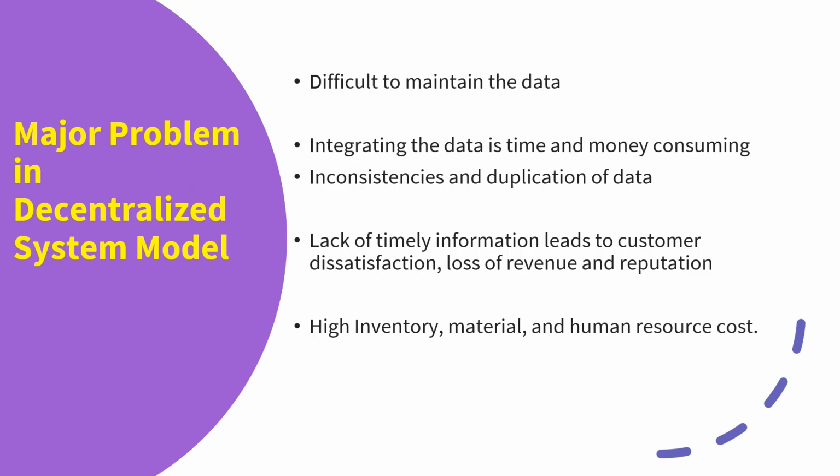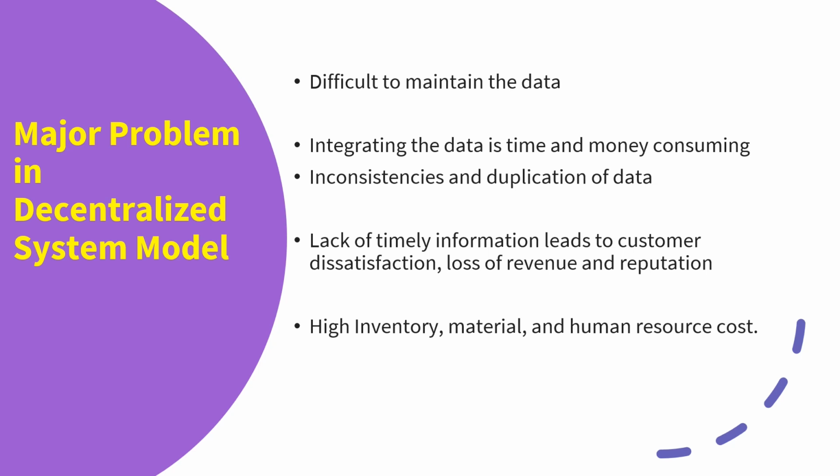Let's talk about the drawbacks, or the problems, in the decentralized model. It's difficult to maintain the data. Data integration is time and money consuming. Inconsistency and duplication can also be found in the data because every department is updating each other.